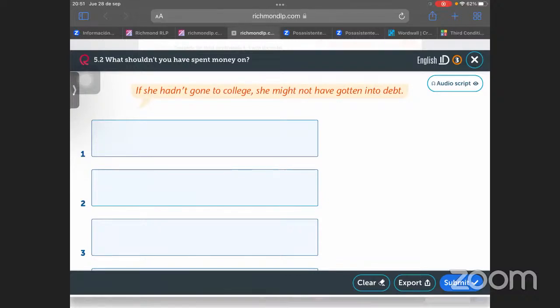Okay, is everything clear? Yes, teacher. 3 examples. 3 examples with third conditional.